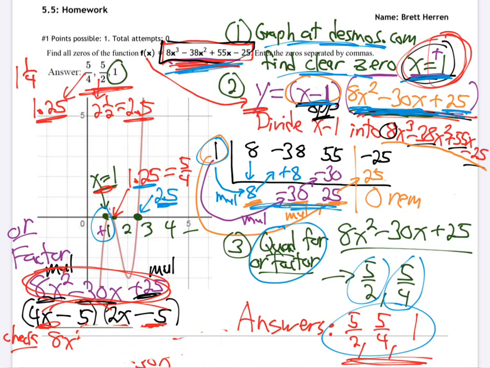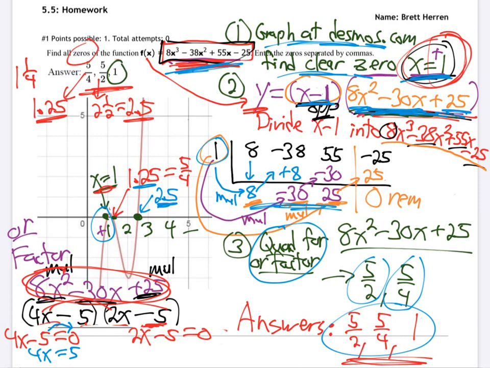So now, I've got it factored, but how does that give me my two answers? Well, remember, these are zeros. We're finding zeros. So you would have to set each of these equal to 0, because we're saying, where does this thing equal 0? What are the zeros? So then you would jump over the 5, and it would be 4x equals 5, positive 5, right? When the negative 5 jumps to the other side, it's positive 5.